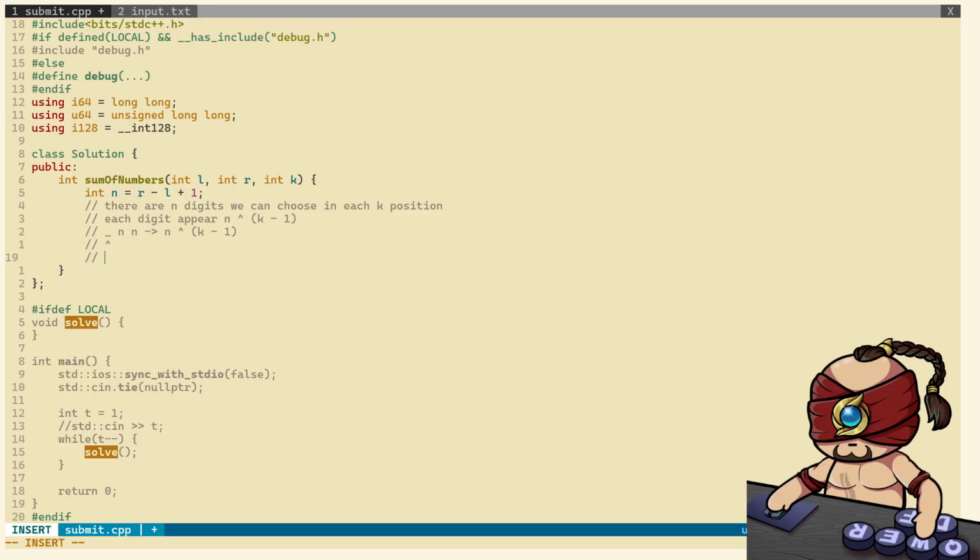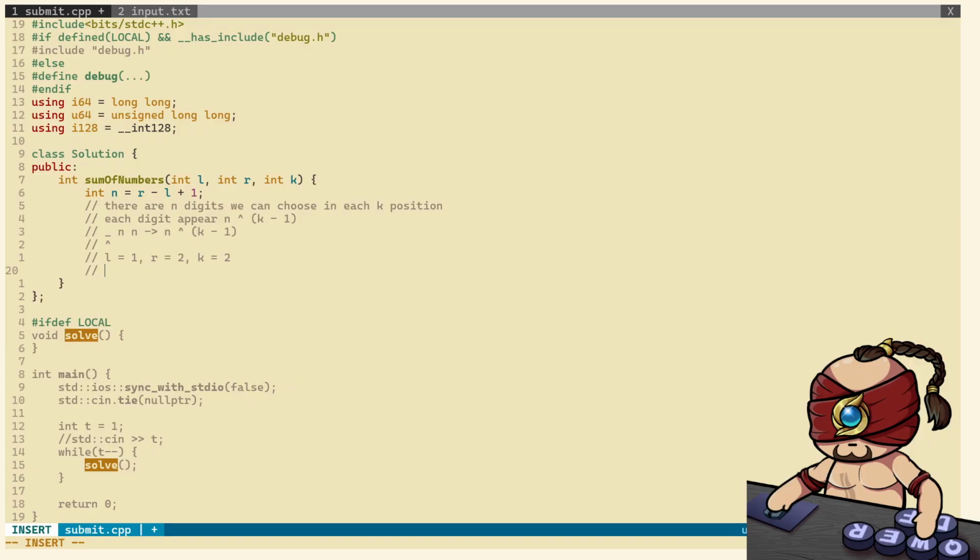We can... let's see, we can try L for 1, let's go to 2. Example, then we got 11, 12, 21, 22, right?